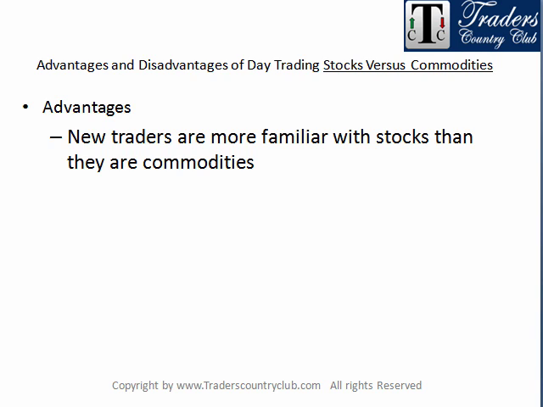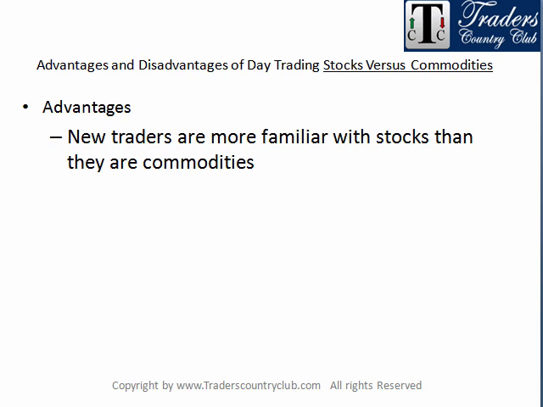They're comfortable with Apple and GE and maybe Bank of America and ExxonMobil and many stocks that they're familiar with from watching their favorite financial television programs, and even from looking at their portfolio, their mutual funds, and what they may be trading. So most individuals are familiar with stocks, and that's why there is a great attraction to day trading stocks versus commodities.